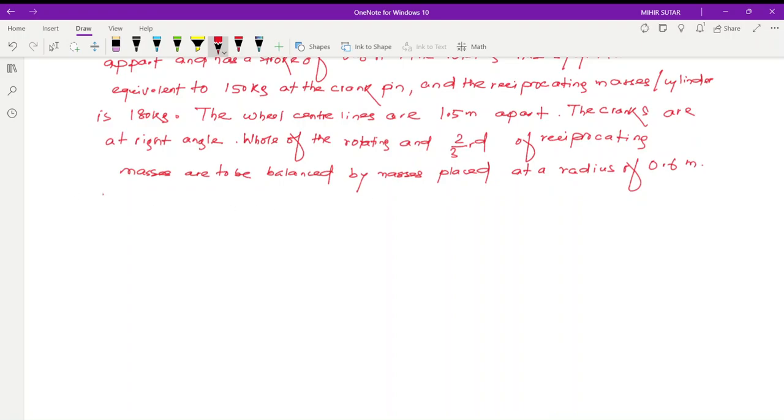Find the magnitude and direction of balancing masses.